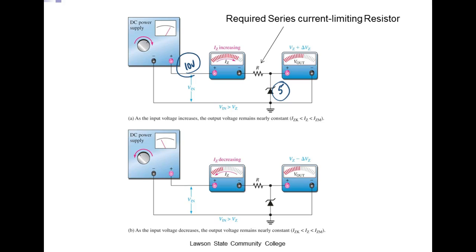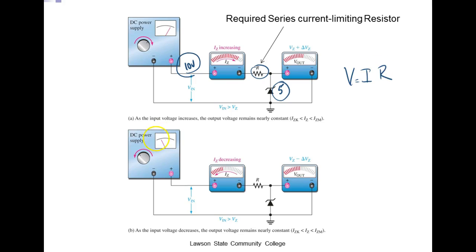The load? We don't even have a load hooked up to this thing right now. It's that resistor right there. What determines how much voltage a resistor drops? So V is equal to what? I times R.